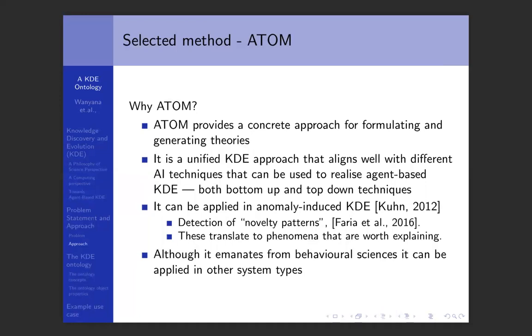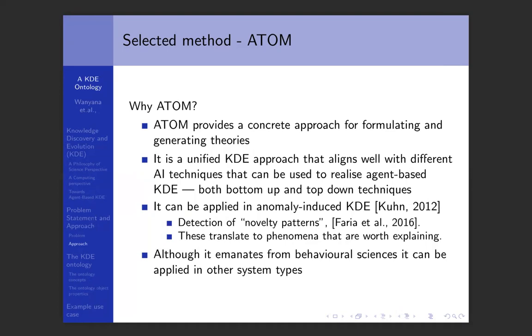The concepts of the ontology are drawn from ATOM because ATOM, unlike other methods discussed before, provides a concrete approach for formulating and generating theories. ATOM is a unified approach that aligns well with the different AI techniques that are applicable in agent-based KDE.